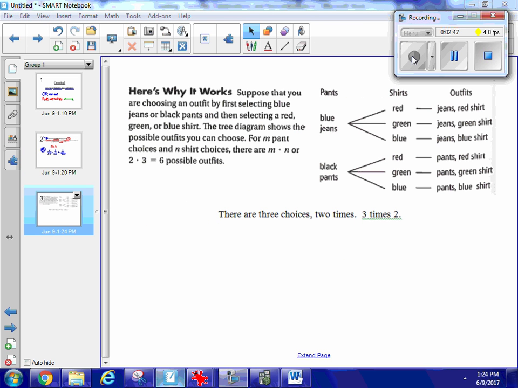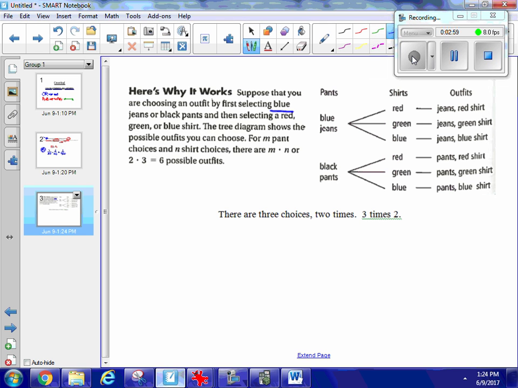Let's take a very slightly more complex problem. You're going to choose an outfit to wear. First you're going to select your pants, and you have a choice between blue jeans or black pants. So for your bottoms, there are 2 possible outcomes.